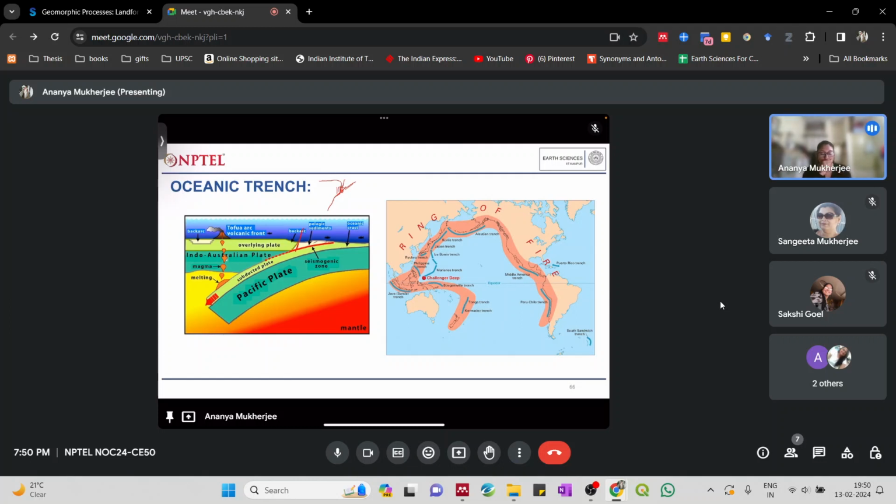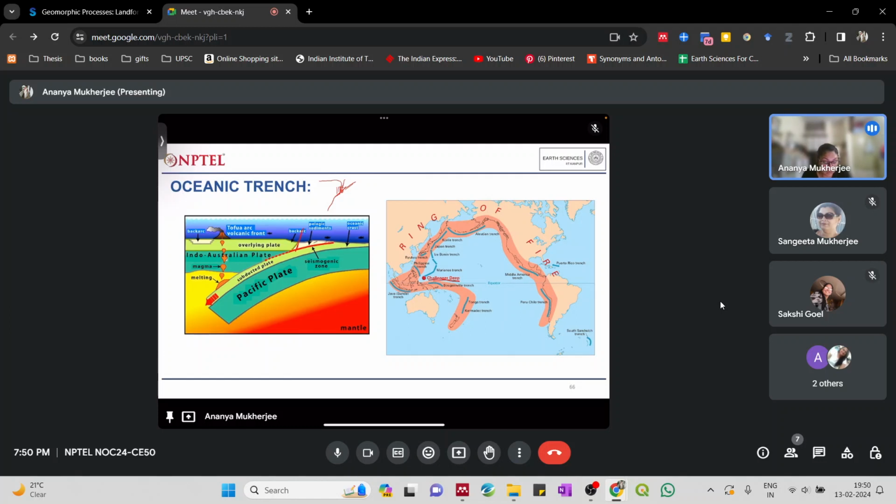And this ring of fire, okay, you must have heard about this, the ring of fire. This is actually all the locations where you have trench formation between your Pacific plate and all the different plates that are present. The Indo-Australian plate is over here, and Challenger Deep is one more pretty famous trench.